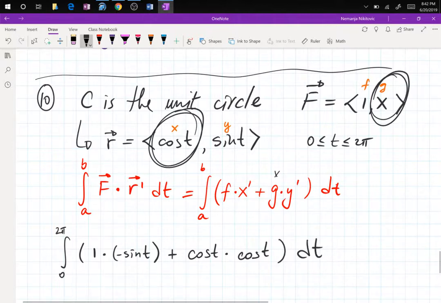Meditate on that double substitution if you missed it when you did it. You can't have x's and y's in this integral. It's dt, right? So you have to replace everything to be in terms of t. So you have to juggle multiple expressions at the same time.